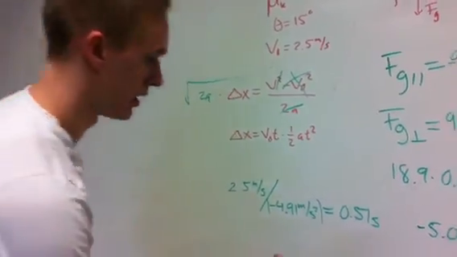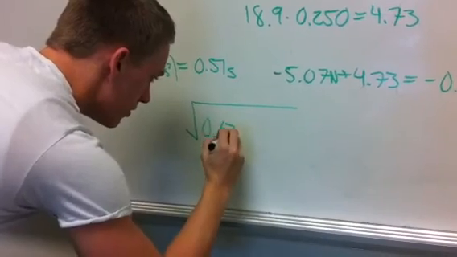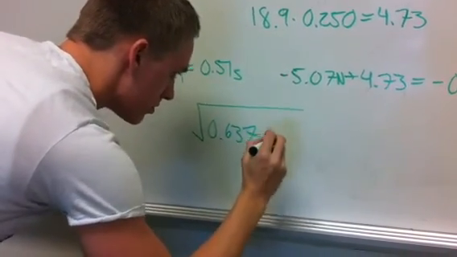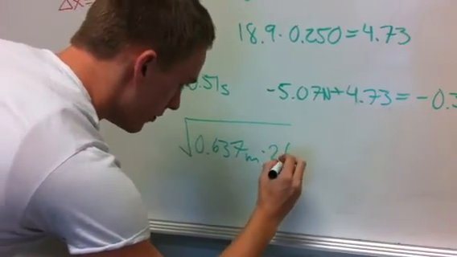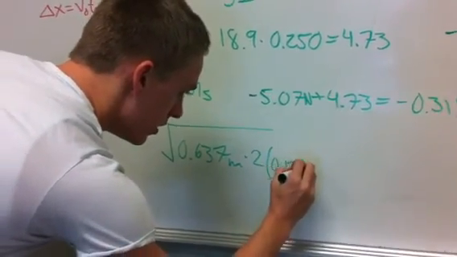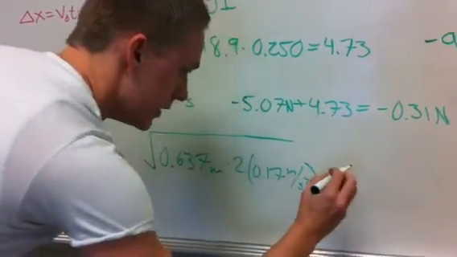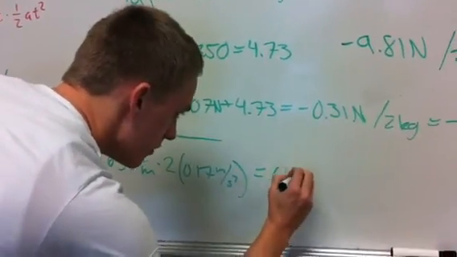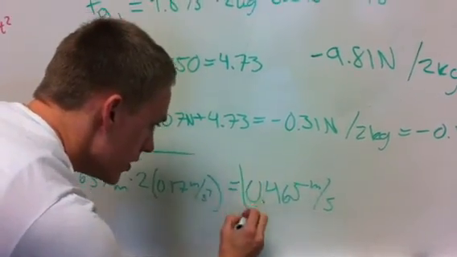Then again, just plugging in numbers, 0.36 meters multiplied by 2 times our acceleration we figured out, meters per second squared. All of that comes out to being 0.465 meters per second, which is our answer.